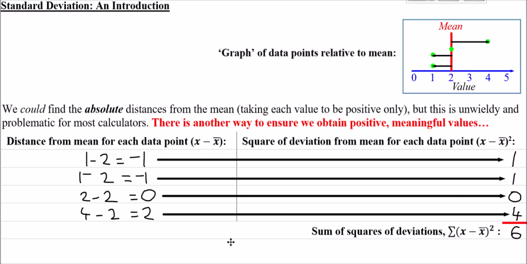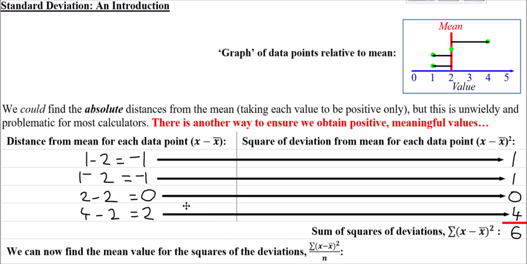Now we've got that total, we can now find the mean value for the squares of the deviations. So the mean of the squared deviation would be the sum of what we just worked out, which is 6, divided by 4, and 6 divided by 4 is 1.5.